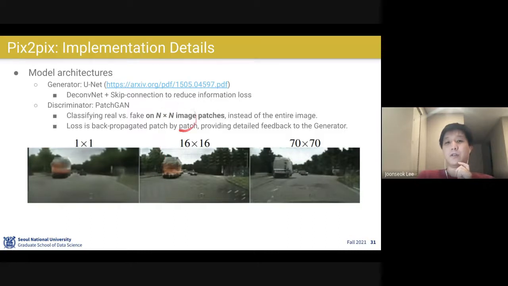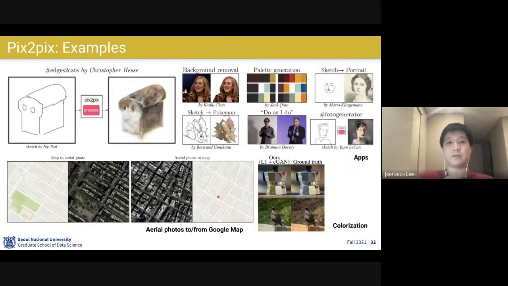But if they use, for example, 16 by 16, then they use 16 by 16 image patches to figure out what's real versus fake. And then they can learn more fine-grained image generation quality using this. So that was one of the small ideas.